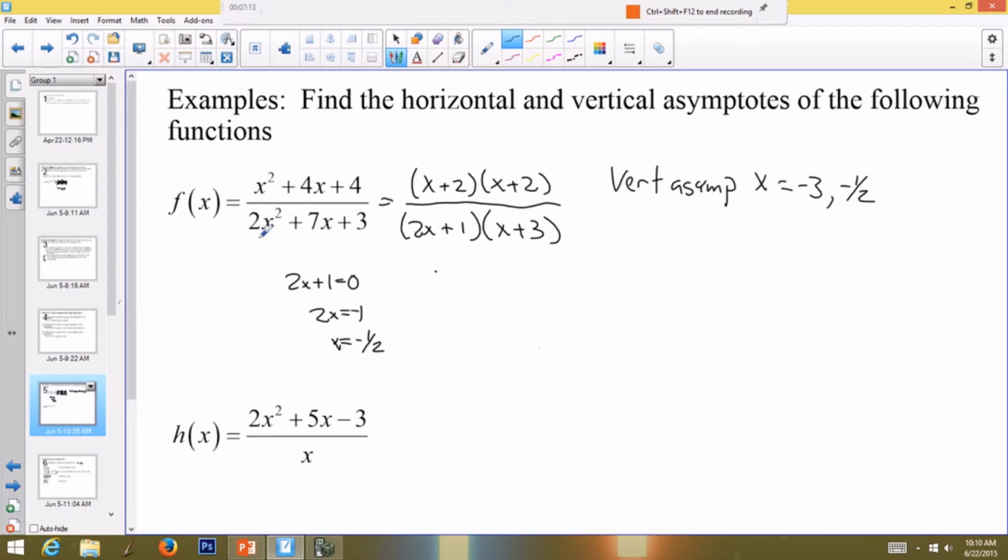Now, if I want to find my horizontal asymptote, now I need to compare the degrees. So the degree of the numerator is 2, and the degree of the denominator is also 2.